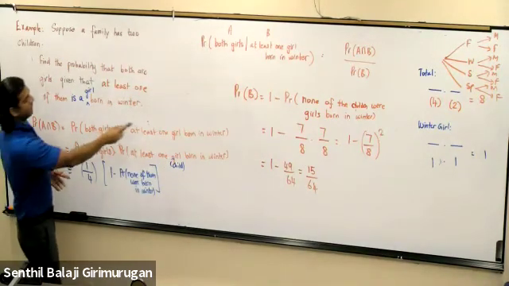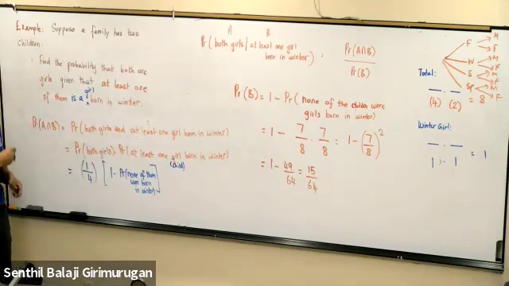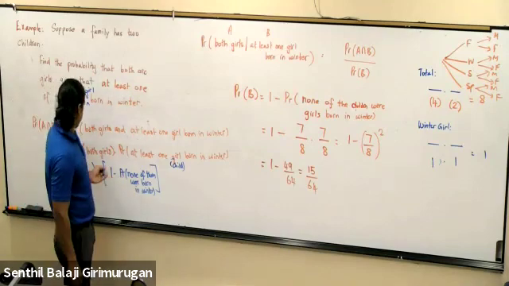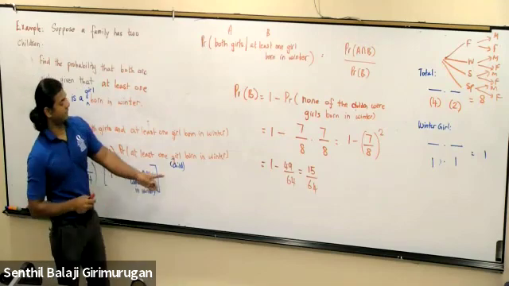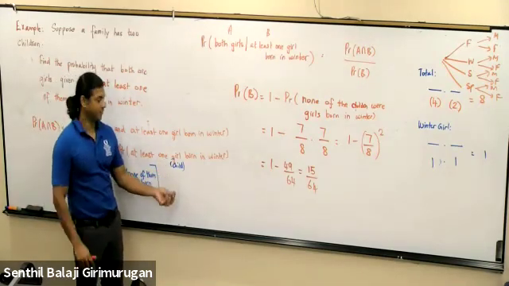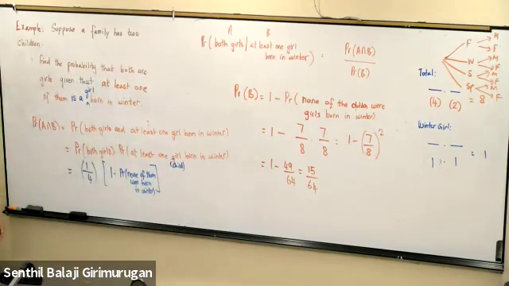I'm able to split this up and write it as independent because I gave a statement that the gender is independent of the season. And also here, since I know that both of them are girls, whether I call it a girl or a child doesn't matter. It becomes a child because I know that they are girls, common overlap.